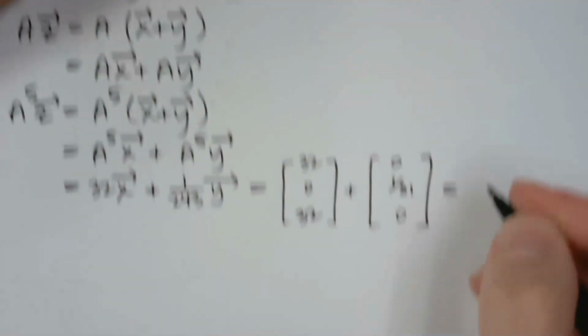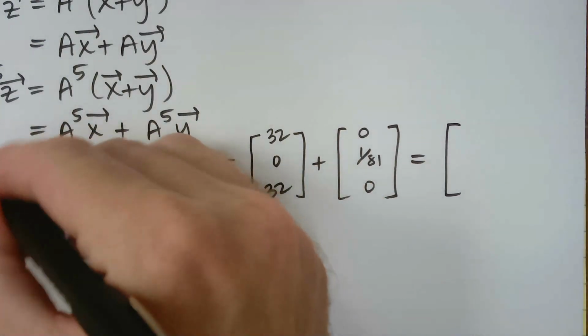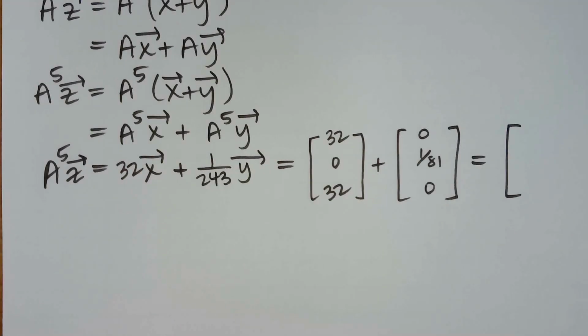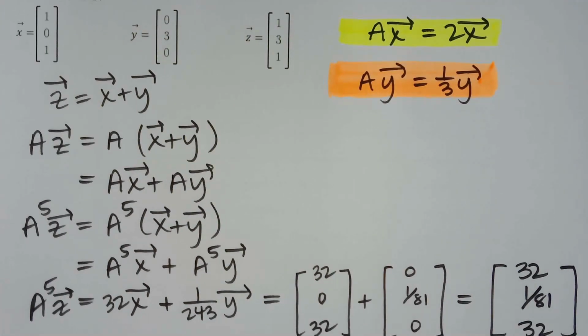Okay, and then that's what's going to give me my result, which is A to the 5th z. I don't know if that's still visible to you, barely. All right, so A to the 5th z is going to equal 32, 1/81, and 32. Okay, even though we don't know the value of the matrix A.